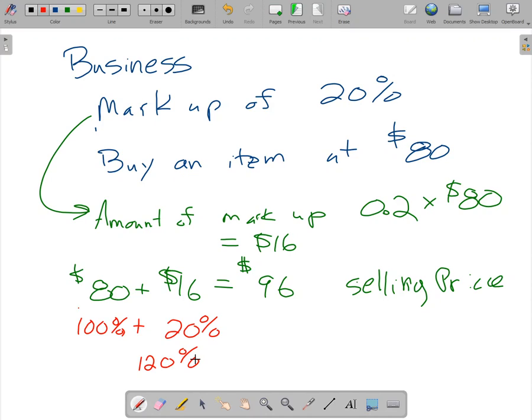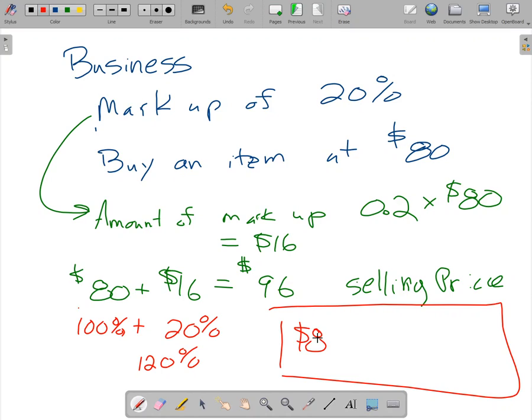So another way to look at this problem to come up with the selling price is if we just take our $80 and multiply by this 120%, which would be what as a decimal? 1 2/10. Excellent. Good job avoiding slang. And if we take 80 times 1.2 or 1 2/10, we should get $96.